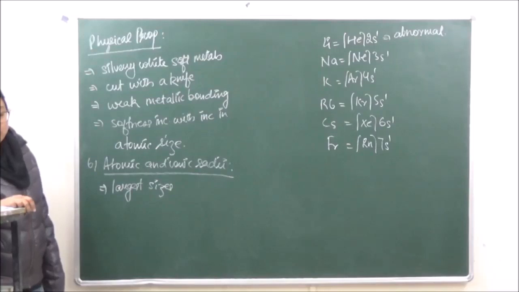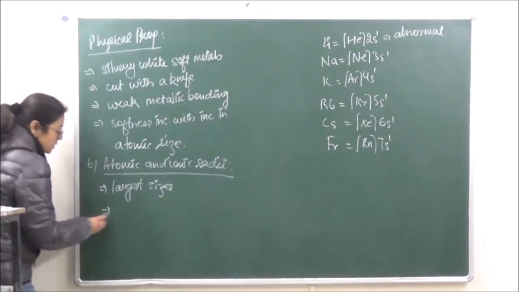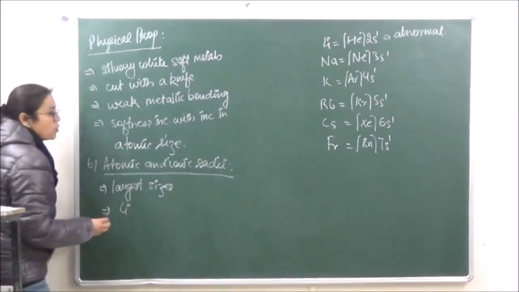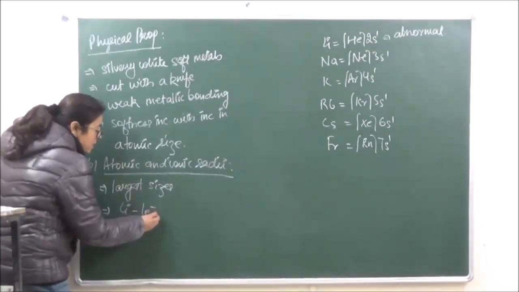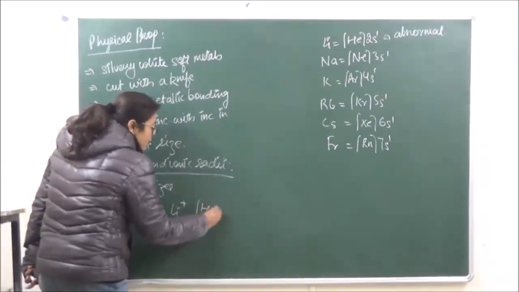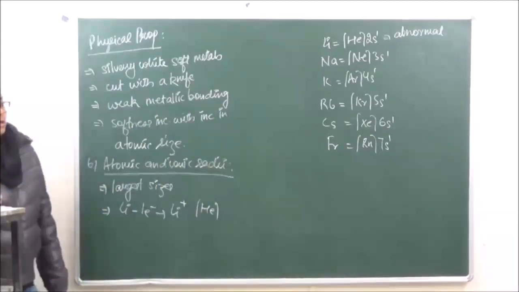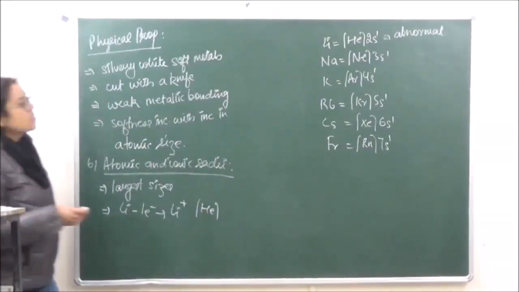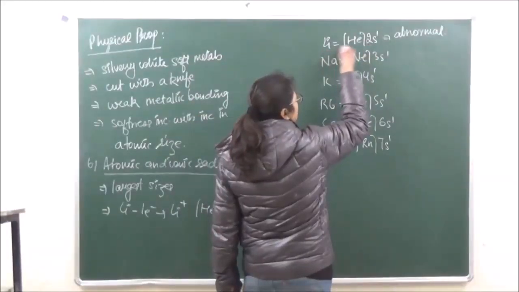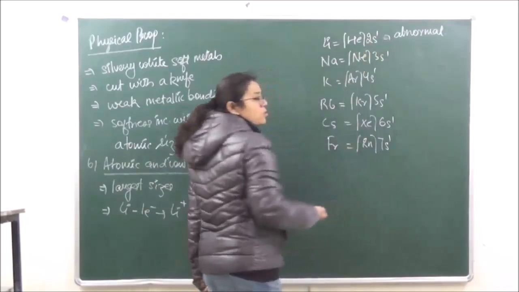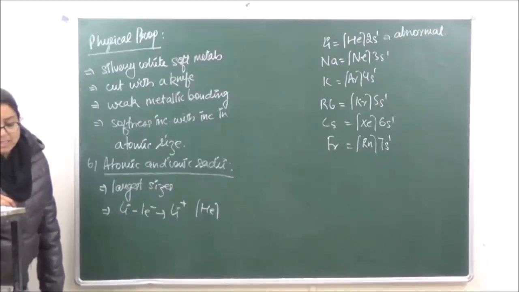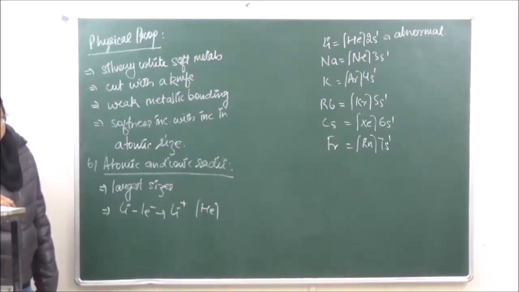Right? Now when the outermost electron is removed, that is when we're talking of lithium over here, when it loses one electron to form Li positive, it has the size of helium, or the entire shell is removed, as you can see over here. So if you're going from 2s1 and it is losing one electron, the entire 2s shell is going to be removed. Similarly, in case of Na, the entire 3s is going to be removed.